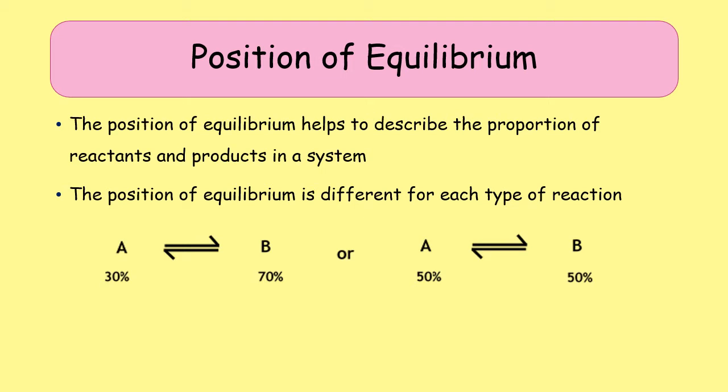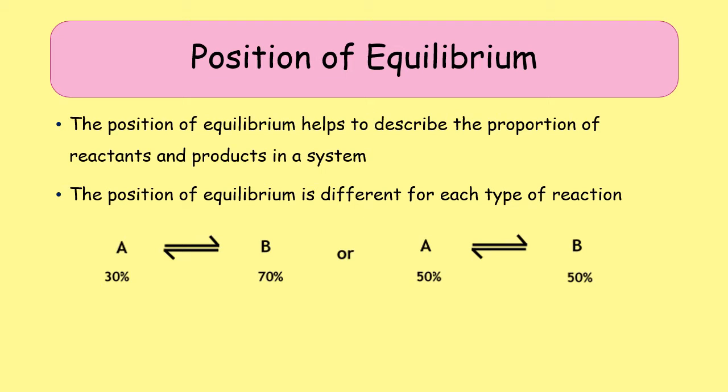So here we've got two different systems, A being reactants, B being products. The one on the left, that equilibrium forms when you've got a low proportion of reactants and a high proportion of products. Whereas the one on the right, that equilibrium is actually established when you have an equal proportion of reactants and products.